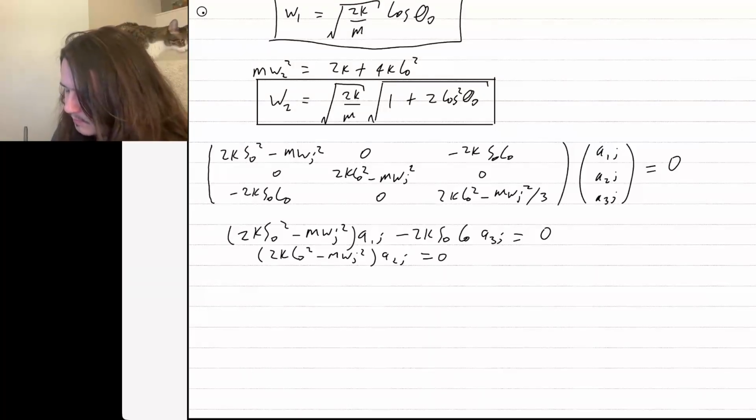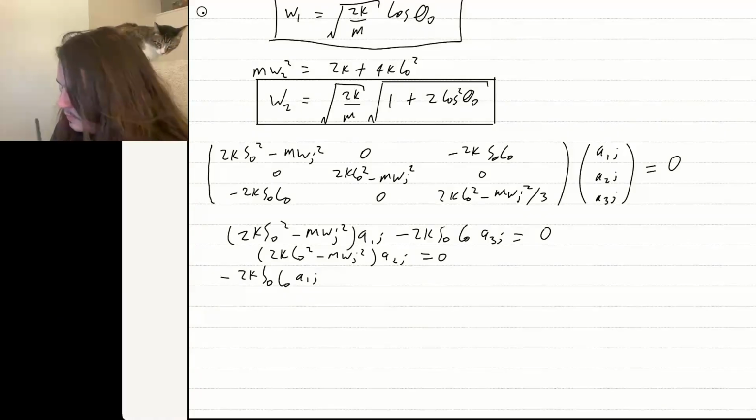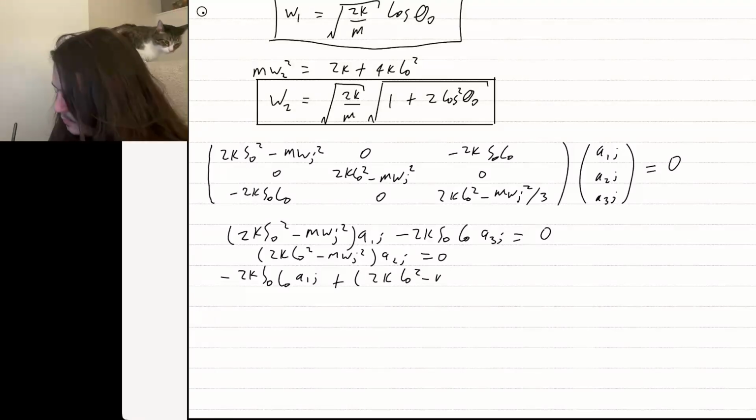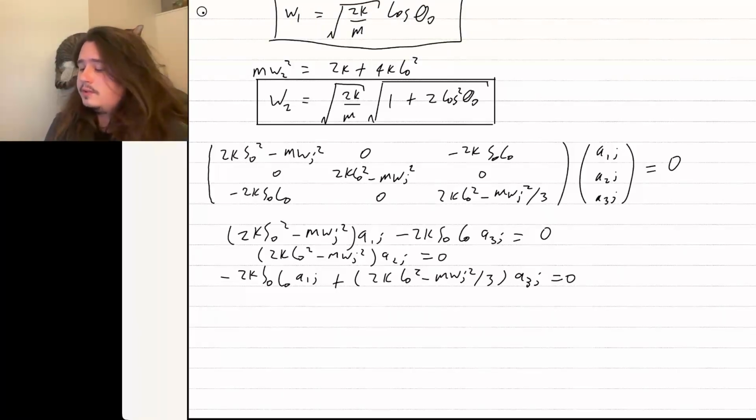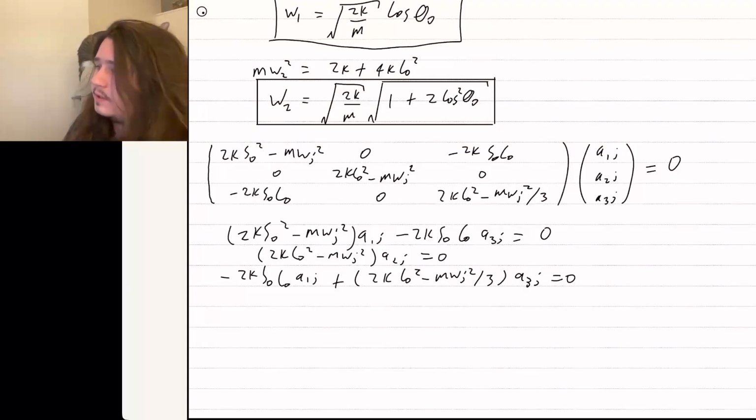And then we've got minus 2k s naught c naught a1j plus 0 plus (2k c naught squared minus m omega j squared) over 3 all times a3j is 0. So 3 equations for which you could solve for your eigenvectors. So let's just go down the line with our eigenfrequencies, figure out what these are.